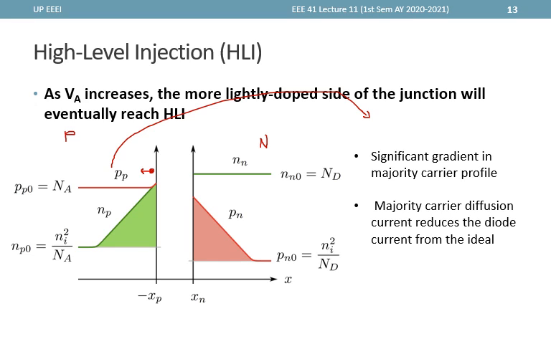So here we say that at high level injection there is a significant gradient or slope in the majority carrier profile. That majority carrier diffusion starts reducing the current from that expected by the ideal diode equation.